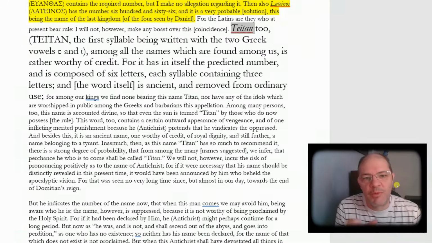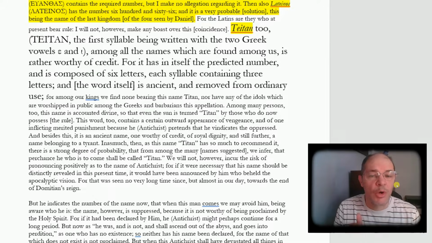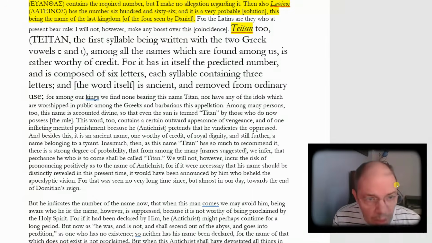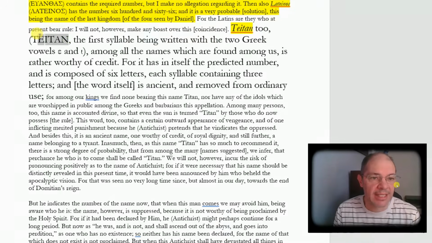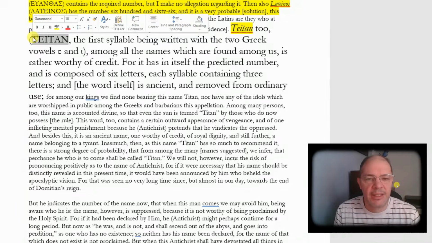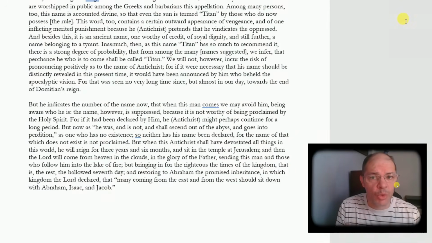The reason he provides is that the symbol is written with two Greek vowels, E and I, among all the names which are found among us, and is rather worthy of credit. In other words, this name was used prior, but amongst them they probably used the word Titan, but he wanted to make sure of the original use of that word, Teitan, and that was calculated to be 666. Therefore, this name is noteworthy.